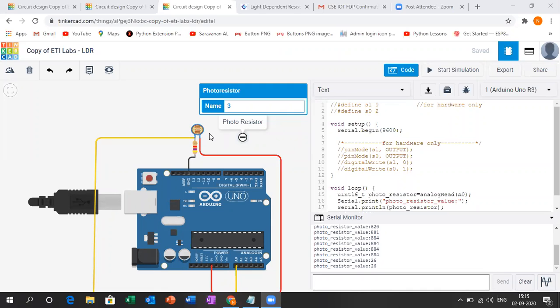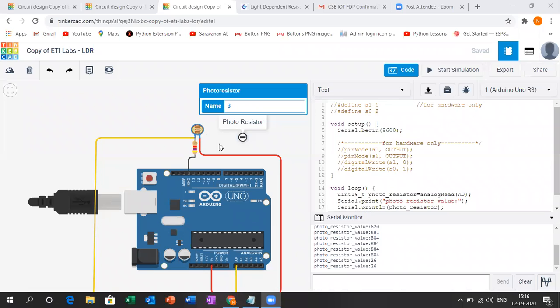So basically this circuit contains two components: one is the Arduino and another one is the LDR, the light dependent resistor. As light falls on it, its resistance changes. That's the work of the LDR, to change the resistance according to the intensity of the light.